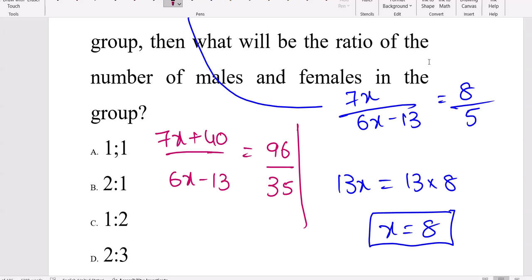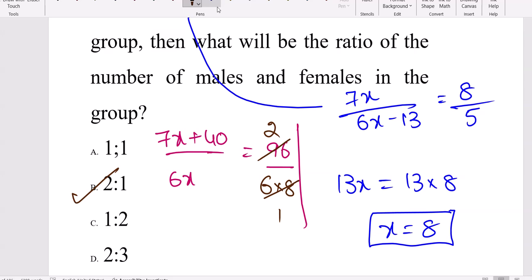Or divide by 6x. They didn't consider that people left. They taken only 7x, it seems. The number of females in the group is 6x, meaning 6 into 8, 48. 96 and 48, this is one time, this is two times, we will get 2:1. Then here there is clarity required actually. In the question, they said 13 females left, but at the end they took total females.